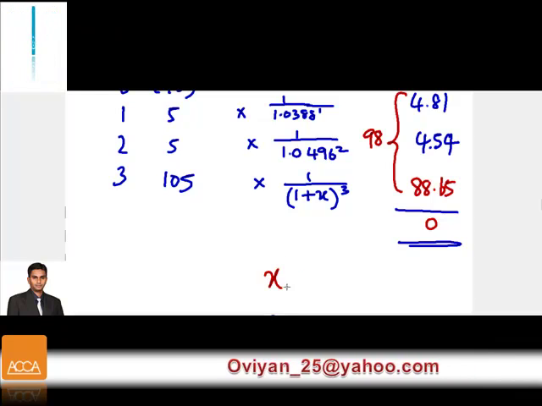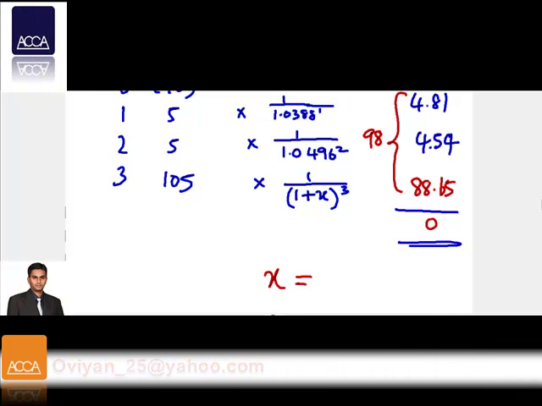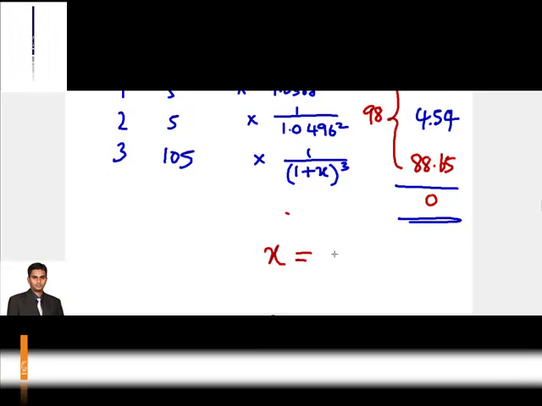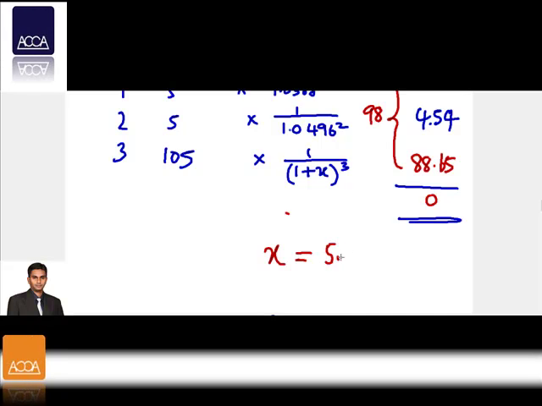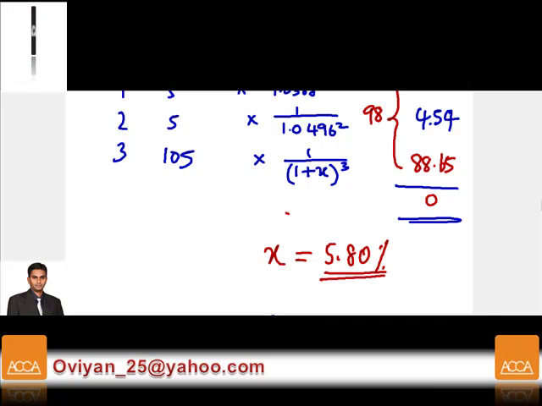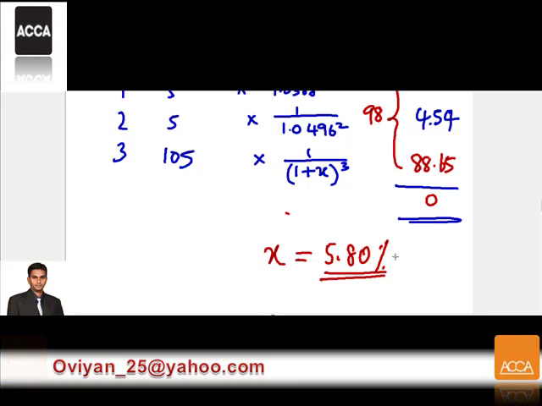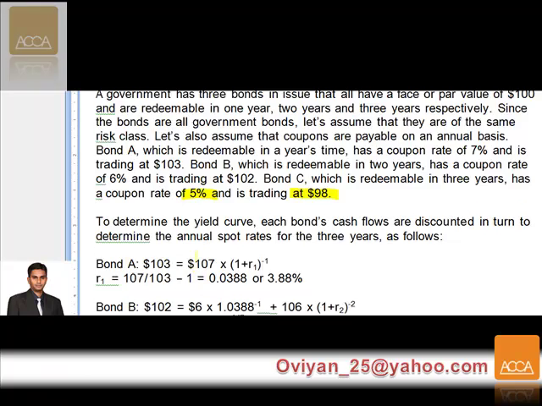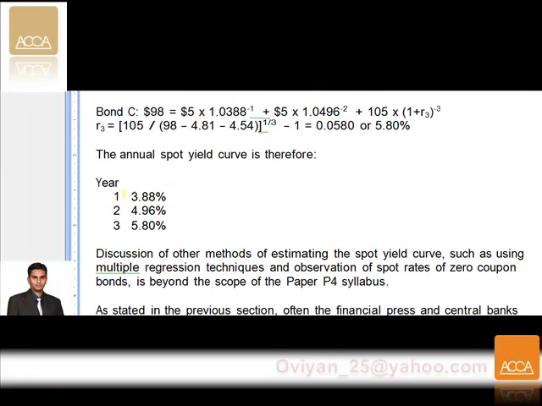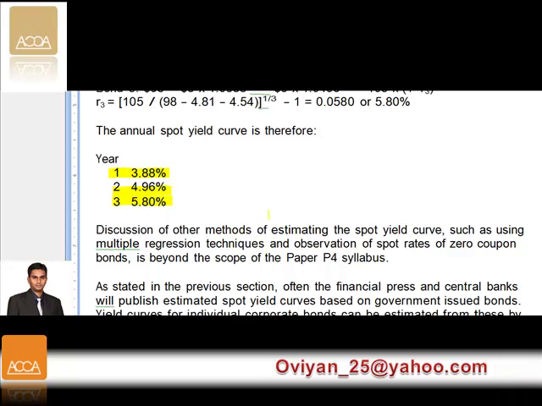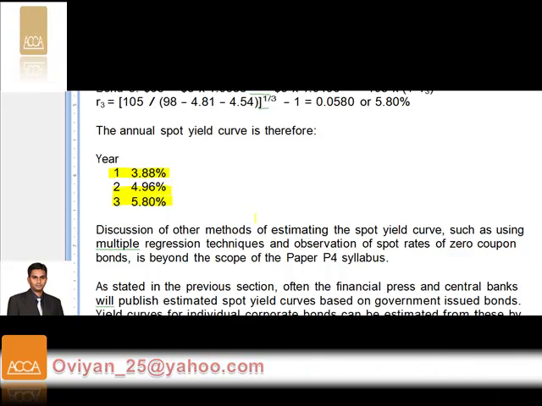So solving x, you will get around 5.80%. Okay, so this is what you have here. This is going to be the 3 years of annual spot yield curve, which you have spotted here. Year 1 annual yield curve, year 2, year 3 annual yield curve. Okay, this is how we explain example number 4.